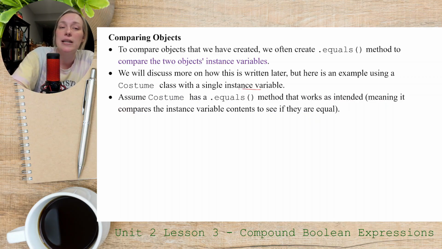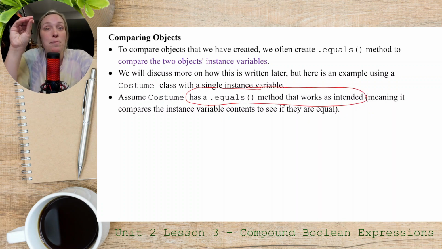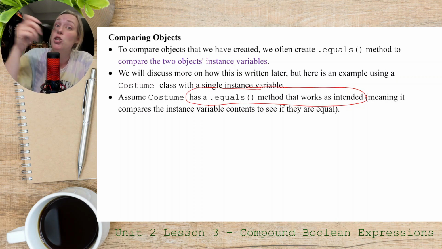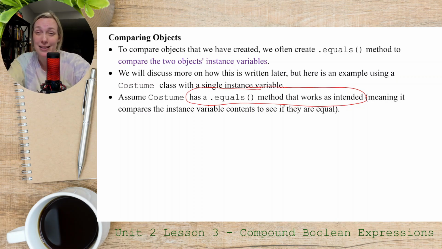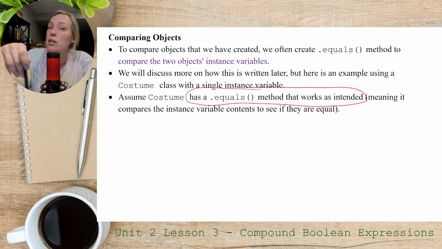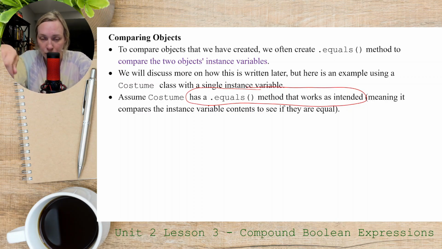When you see this, the AP CSA exam will sometimes say those words as a form of testing you on data abstraction, or procedural abstraction, where it gives you a method and says, hey, use this method and know that it works as intended, know that it works correctly. Do you know how to use a procedure that you didn't write in your code? It's a way of testing you, and they will test you on that.